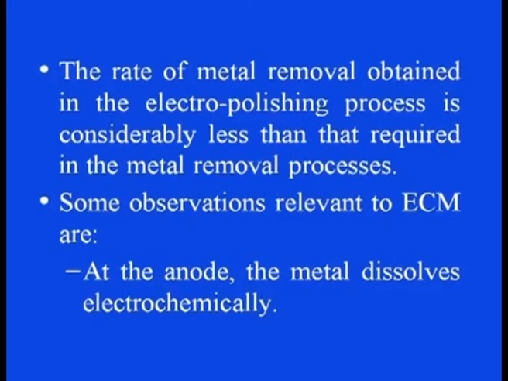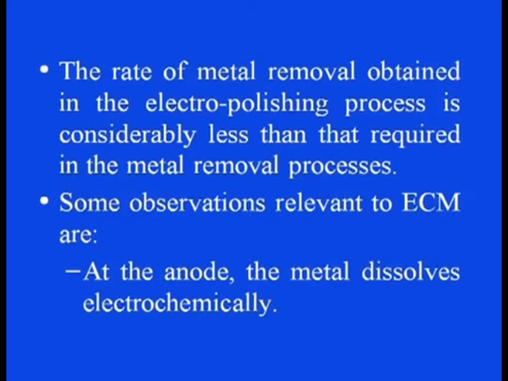The ECM and electropolishing processes are similar, such that both are anodic dissolution processes. The rate of metal removal obtained in electropolishing is considerably less than that required in the metal removal processes.